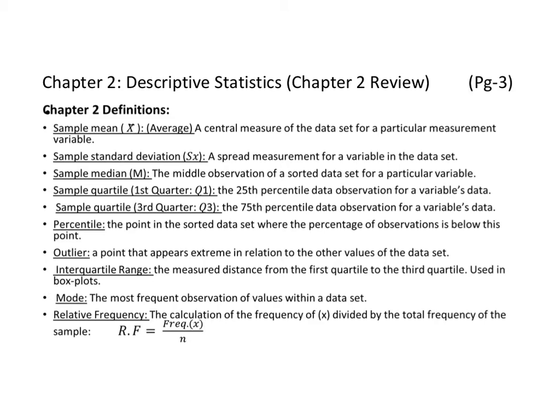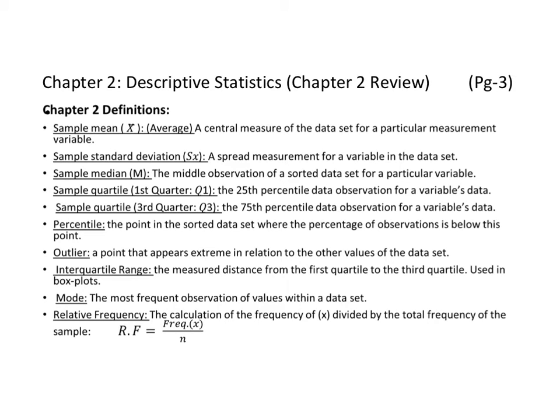Finally, the next three ideas: the interquartile range measures the distance from the first quartile to the third quartile, and it is used in box plots. The mode is the most frequent observation of values within a data set.